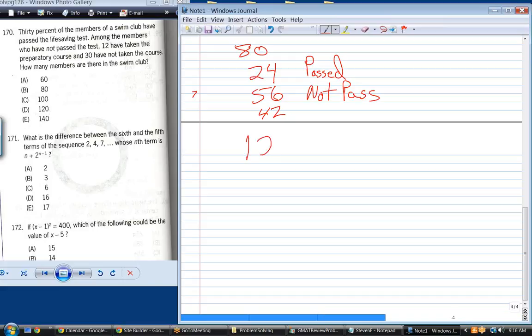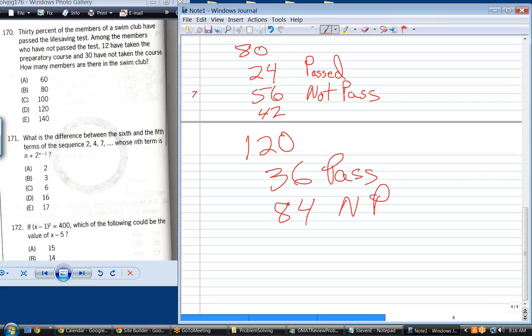Okay. So 120, 30% of 120 is 12. 12 times 3 is 36. So 36 passed. 84 have not.